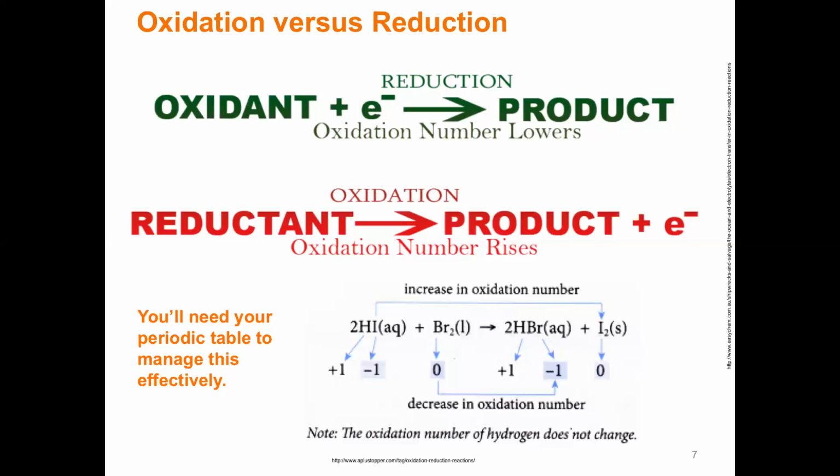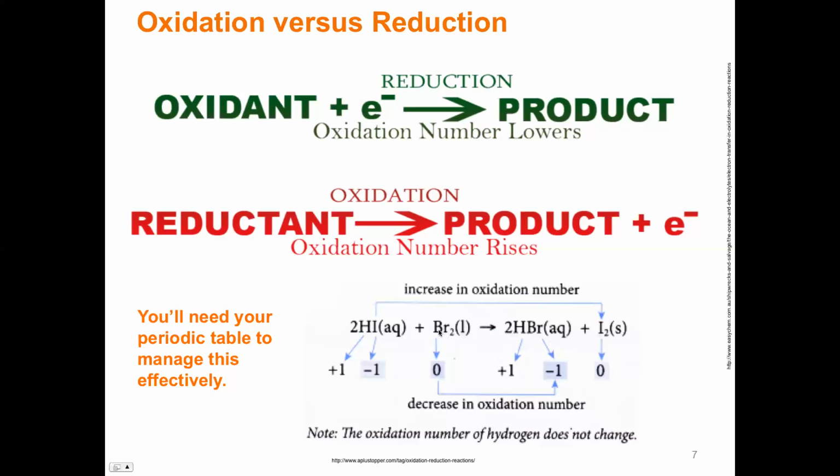And basically what you need to do is as soon as you see an element, there isn't a straight up element here, but say zinc or something like that. If you just have a zinc solid, so straight up element, that is going to have an oxidation number of 0.